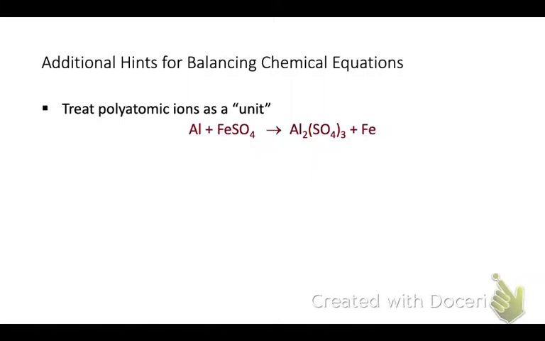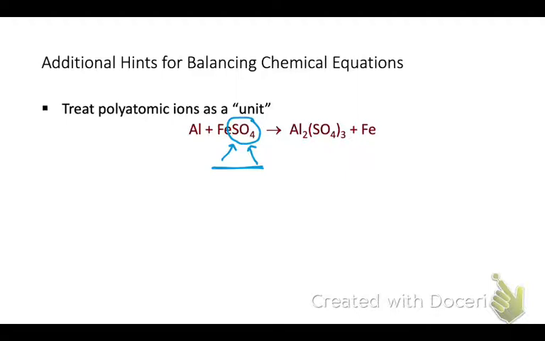Also, a great tip that I can give you when you balance equations is to treat polyatomic ions as a unit. Here is an example. When you are balancing this equation and you want to balance sulfate, if you try to balance sulfur individually and oxygen individually, you are just complicating your life, and it will make your life really harder.